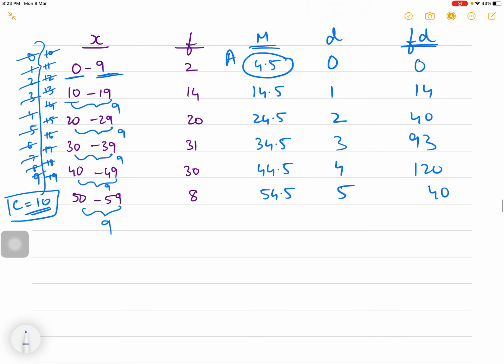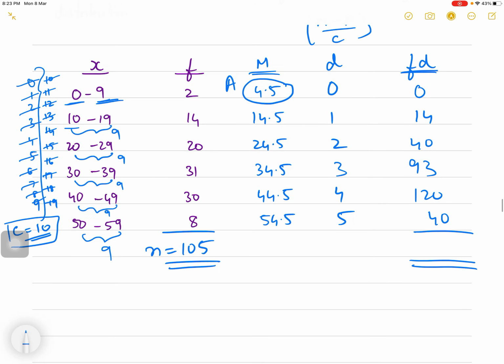Okay. We need the total of frequency and the total of FD. So N is equal to, let's calculate this, 2, 6, 7, 15... 105.